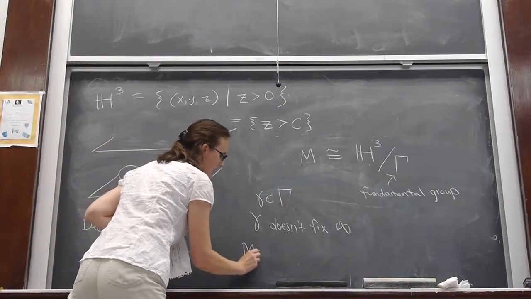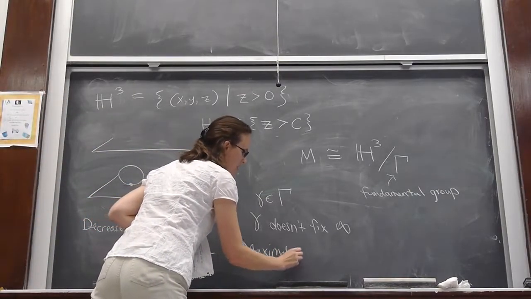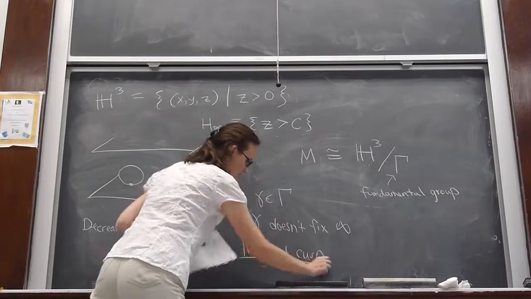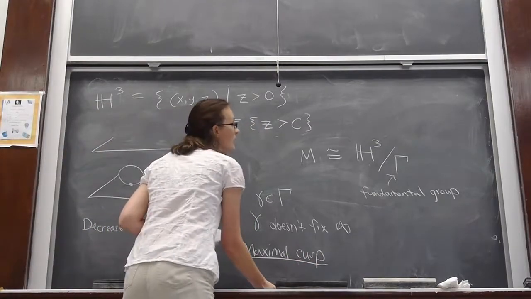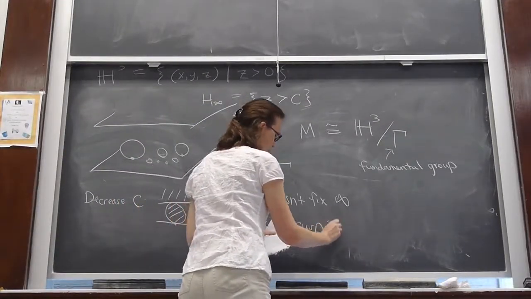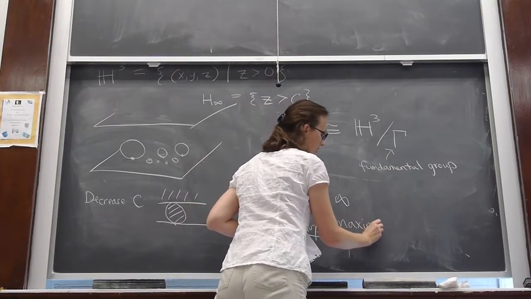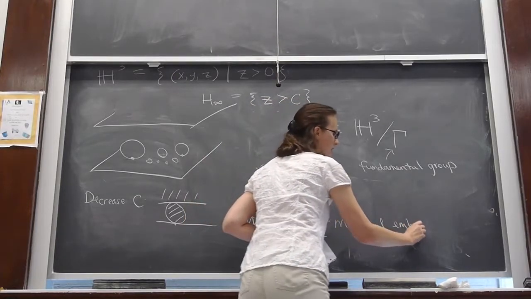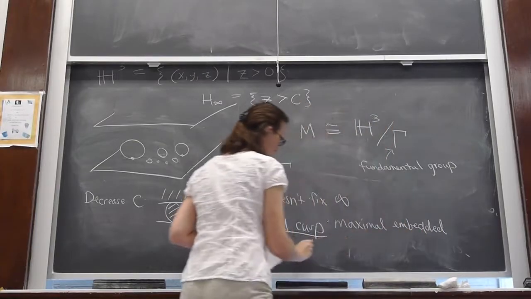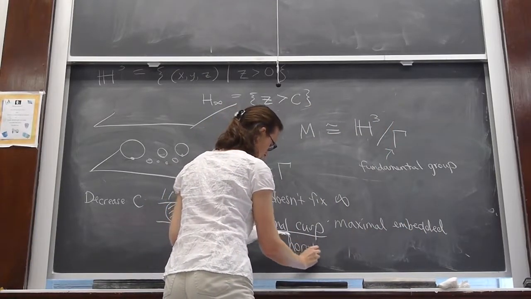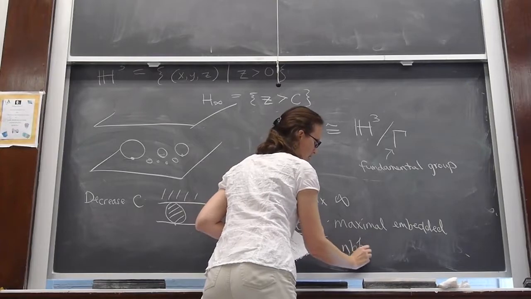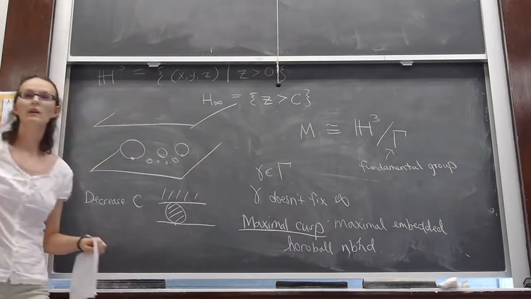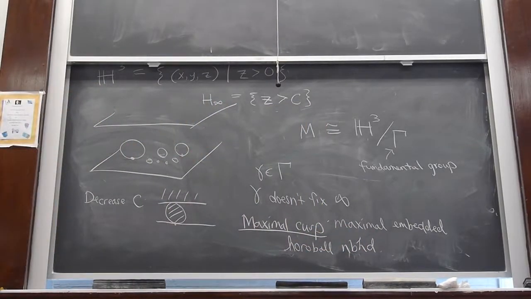So we're going to need that. A maximal cusp is a maximal embedded horoball neighborhood.